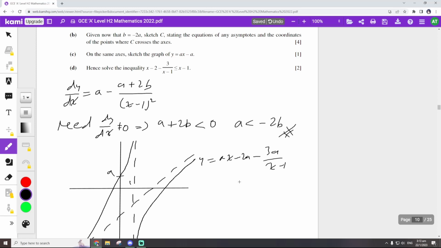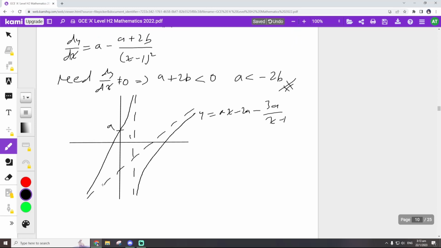So you get x equals 1, and this is y equals ax minus 2a. So this is what the curve would look like, something like this. It's not perfect what I drew, but you get the idea.